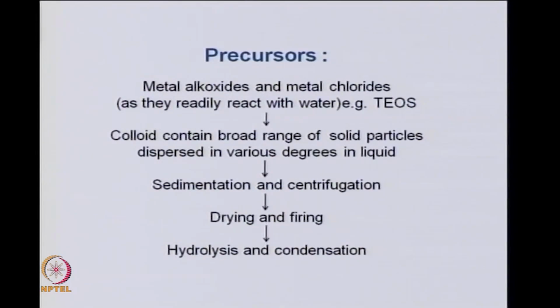Now, in this sol gel method, what are the starting materials or the precursors? We use metal alkoxides or typically metal chlorides, since they react with water readily. Example TEOS, which is a very common starting material, which is tetraethoxysilane.